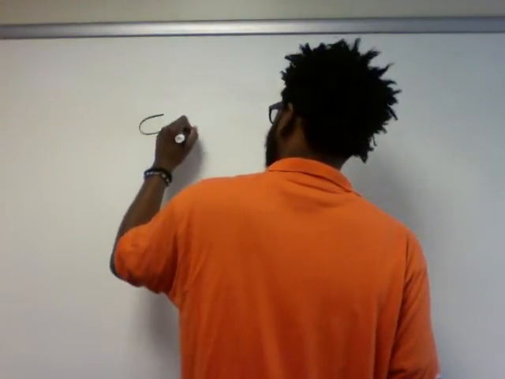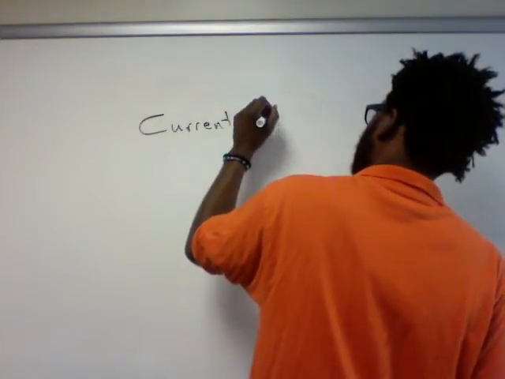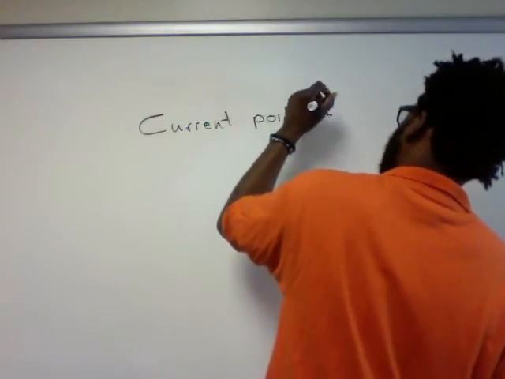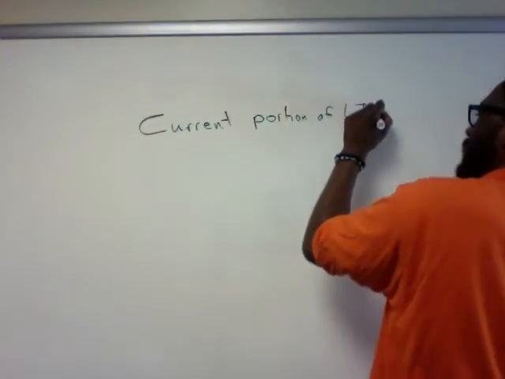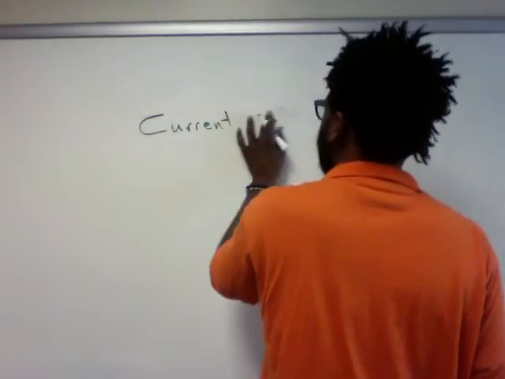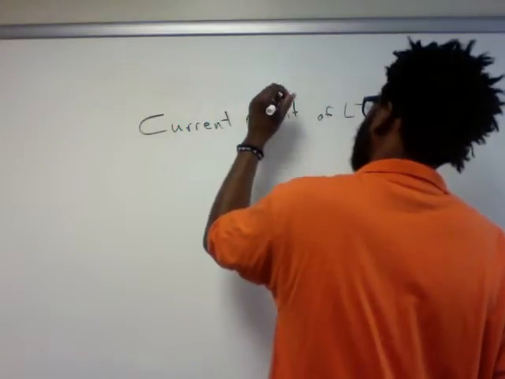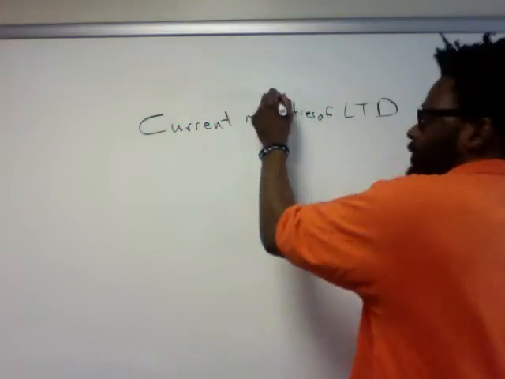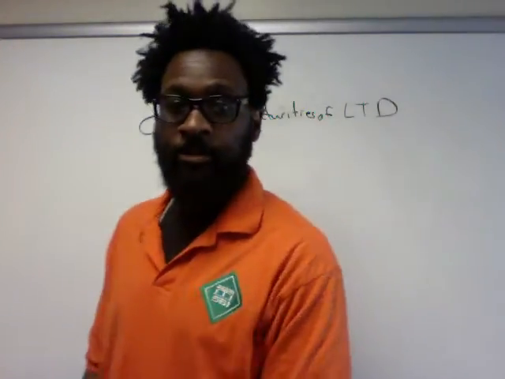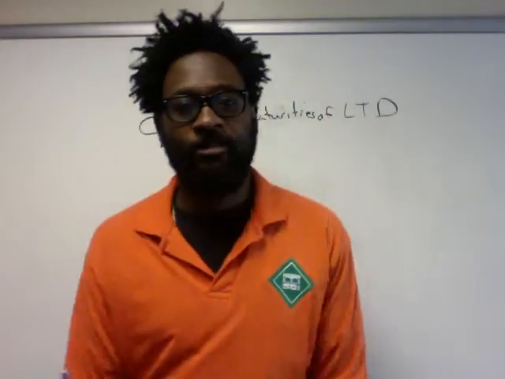Current portion of long-term debt, or we could call it current maturities. Let's call it current maturities of long-term debt. And that would be the category name of that particular liability.